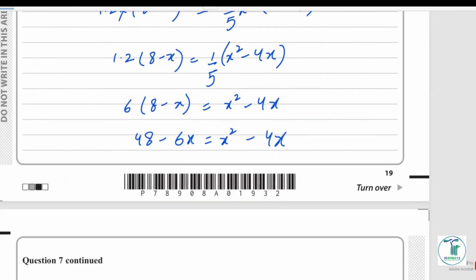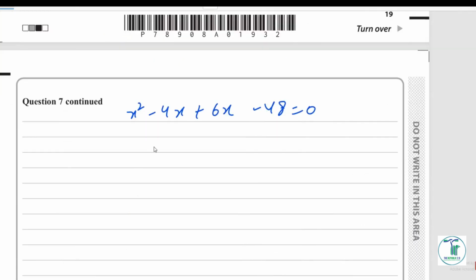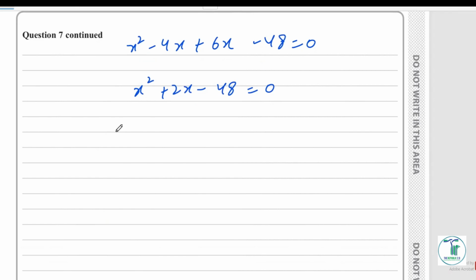Now I'm just going to simplify this equation. I must be having x squared minus 4x, plus 6x, minus 48 is equal to 0, and that would be x squared plus 2x minus 48 is equal to 0. Everybody knows 6 times 8 is 48, so I can write it down like x squared plus 8x minus 6x minus 48 is equal to 0.